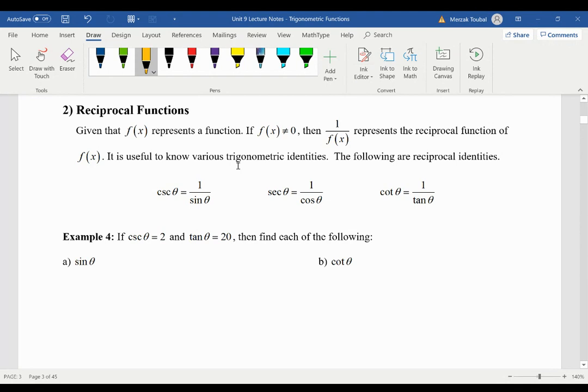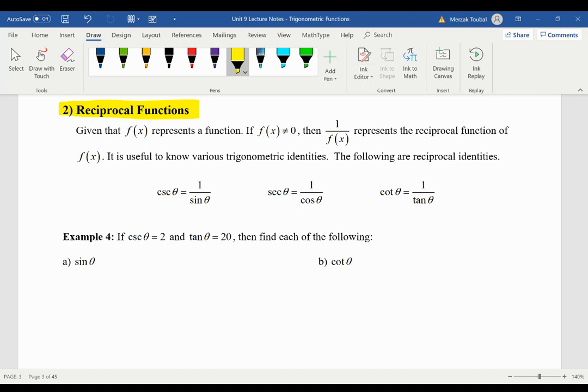Now, we did talk about the reciprocal functions, which are the secant, cosecant, and cotangent. Cosecant is a reciprocal of sine, secant is a reciprocal of cosine, and cotangent is a reciprocal of tangent. But we're going to formally define those functions.